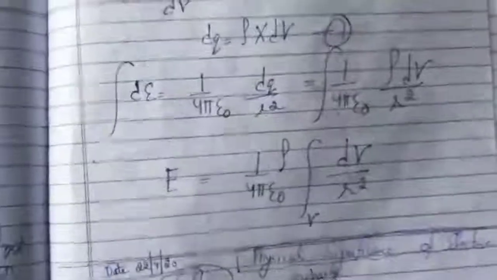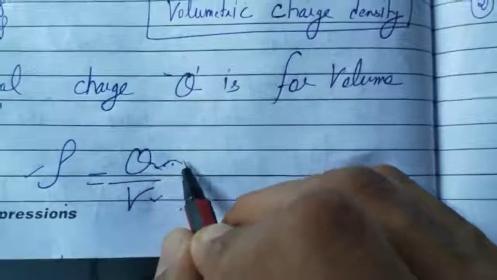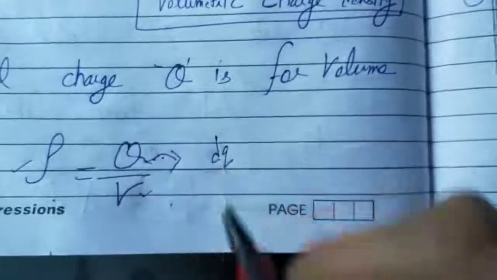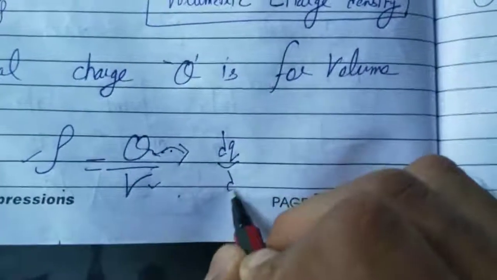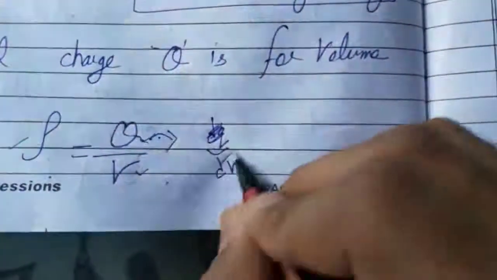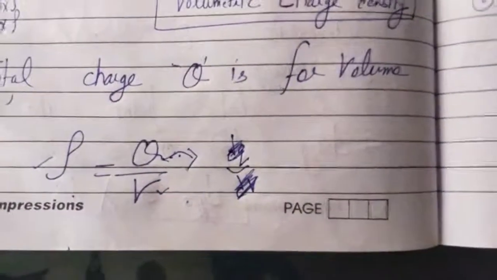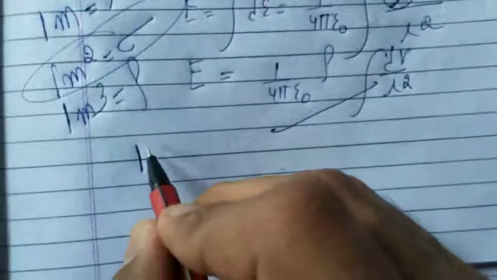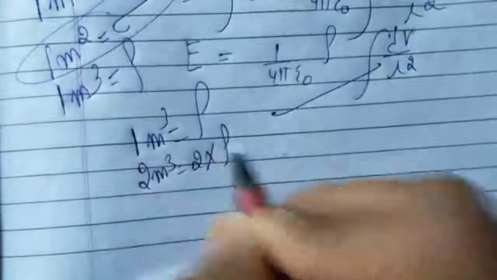So you know that if you have a small charge dq and a small volume dv, are you getting my point? For one volume, you have charge rho. Now we have considered two volumes. What is the charge? 2 into rho.